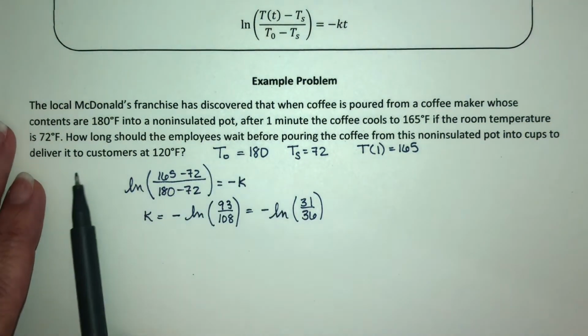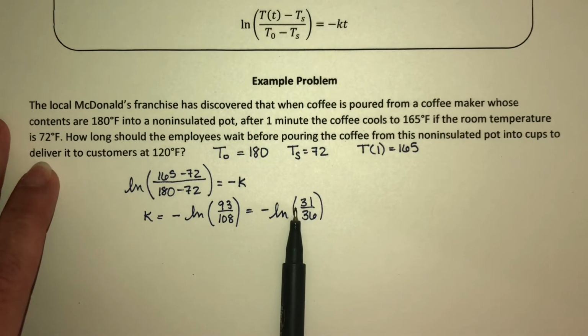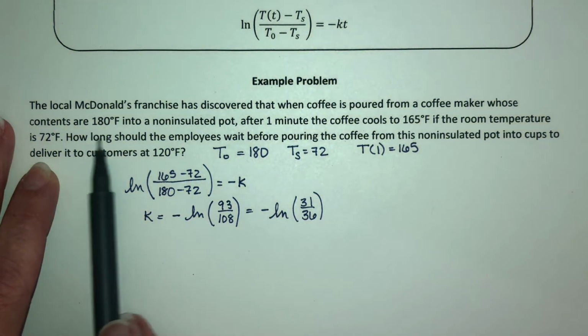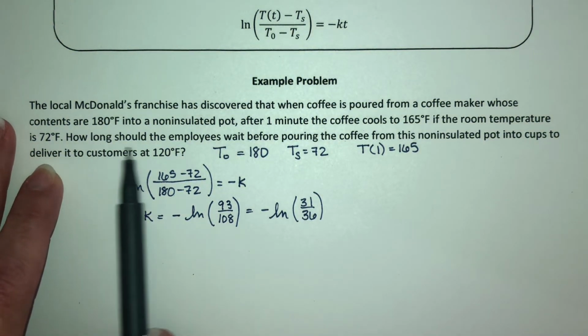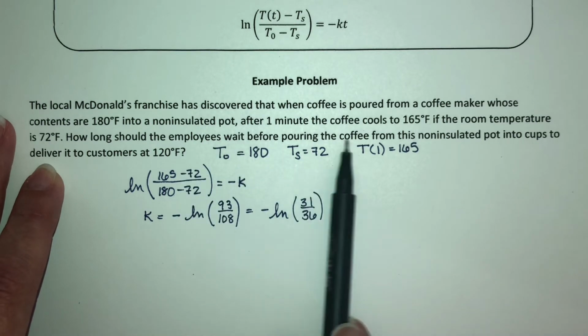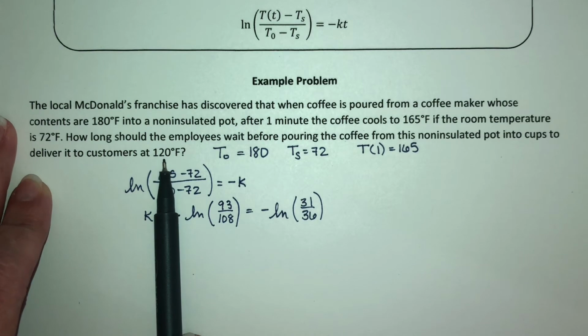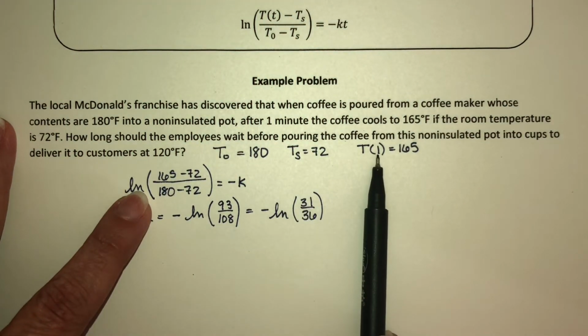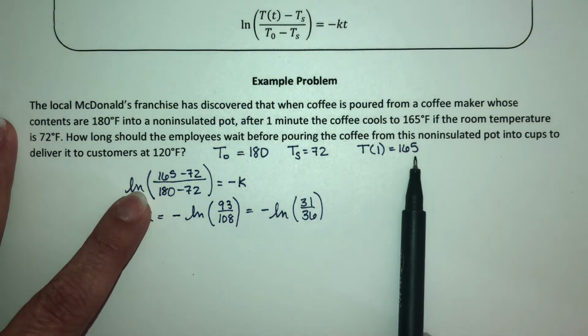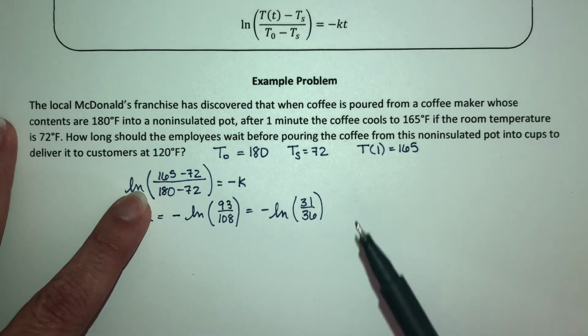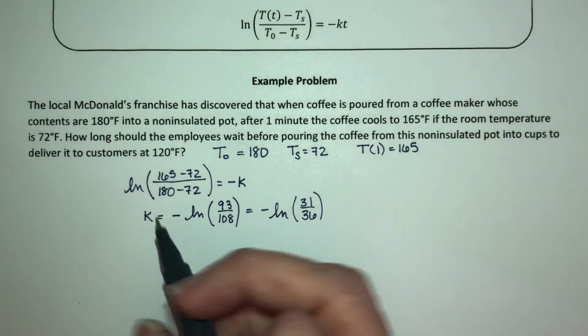Okay. Now let's come back up here. What are we asked to do once we know our k value? How long, so we're going to be looking for t, should the employees wait before pouring the coffee to deliver it at 120? So when we waited 1 minute, it was 165, and so we're looking for how many minutes until it gets to 120.